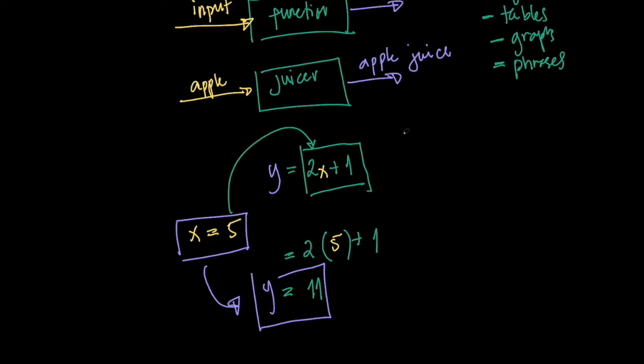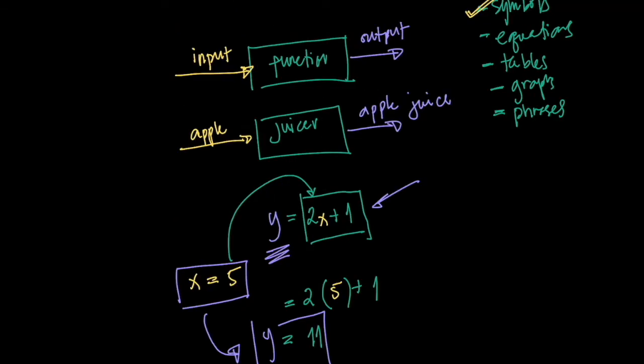Your function only gives instructions on what you can do with your input in order to get your desired output. We now have through symbols, and we already have through equations. Before we proceed with tables, let's first start with phrases.